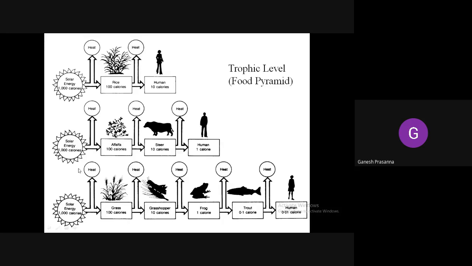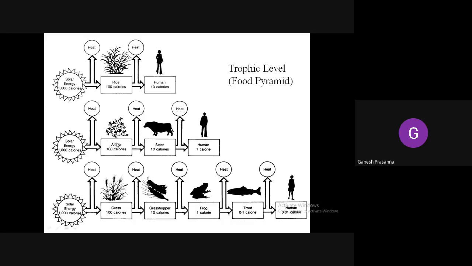Out of 1000 calories of the solar energy that is available, grass consumes 100 calories, grasshopper consumes 10 calories, frog consumes 1 calorie, trout consumes 0.1 calorie, and the human being consumes 0.01 calories.